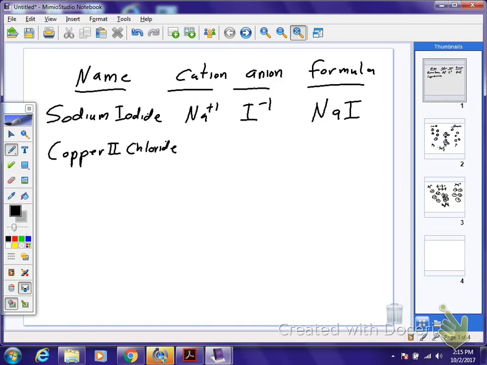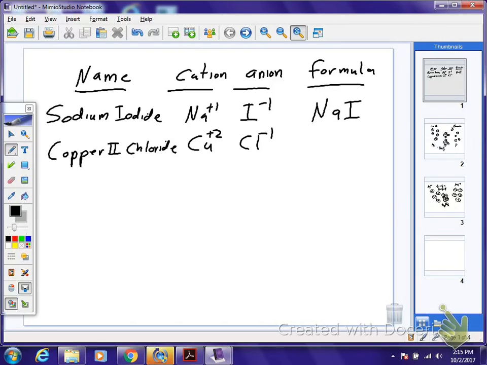Copper 2 loses 2 electrons, so it's copper 2. So I'm going to write Cu, and then what charge am I going to write up above? Plus 2. And chloride, I look at that, find it on the chart, and chloride is what? Should be the anions. Minus 1.